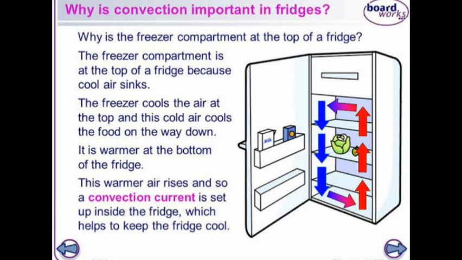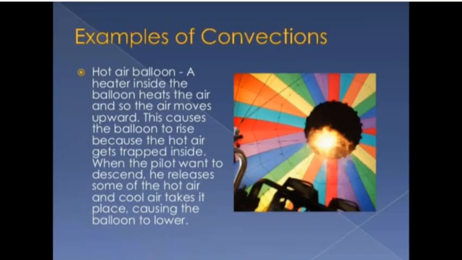Now, one more example of convection is the hot air balloon. A hot air balloon consists of a heater inside. The balloon heats the air, and so the air moves upward. This causes the balloon to rise because the hot air gets trapped inside.